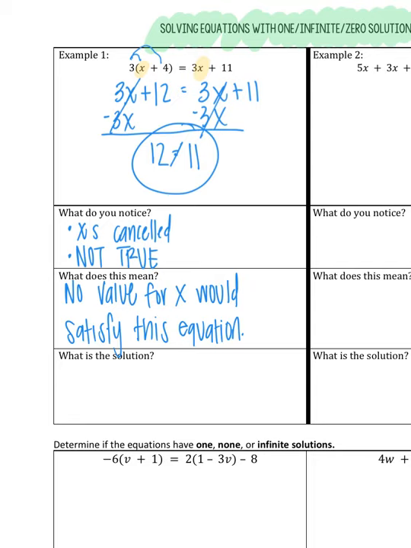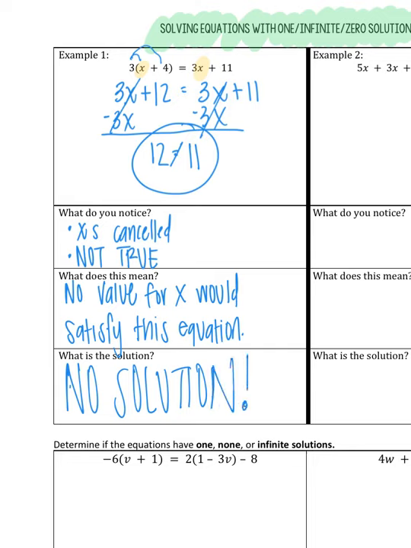You could try plugging in -19, 1041, 0. Nothing is going to be able to plug in for x to make that equation true. So if nothing can be plugged in for x, what do y'all think the solution is? Hopefully you're thinking there is no solution. So you can either write no solution or you can write empty set.